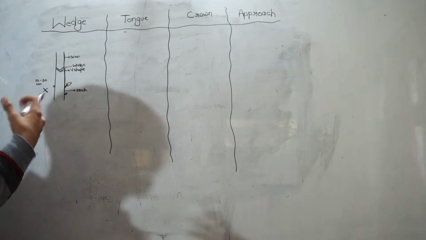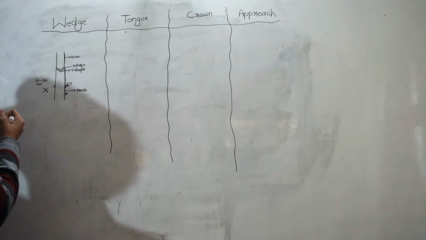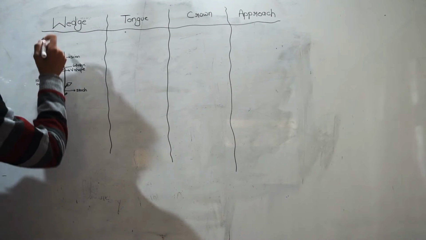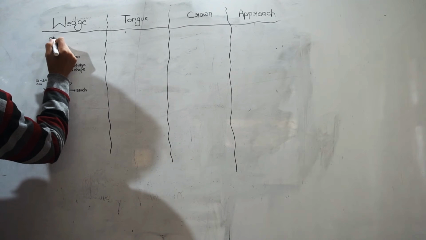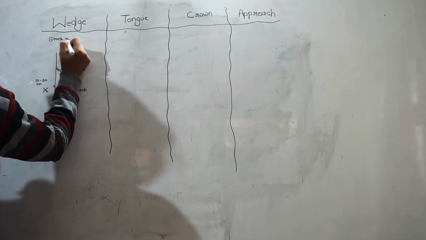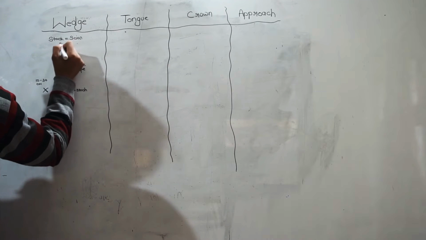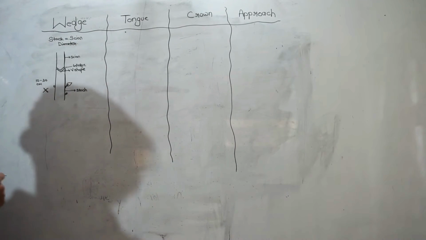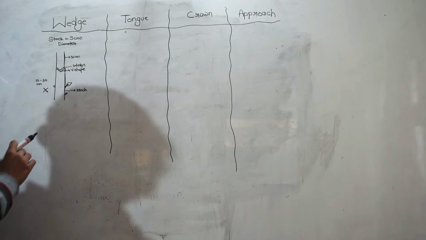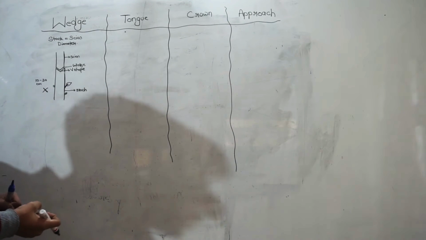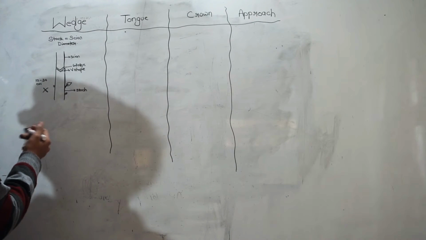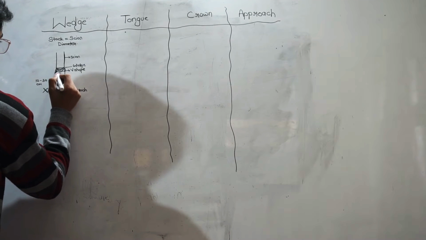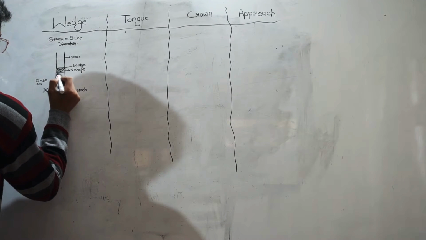In the wedge type of grafting, the diameter of stalk and scion need to be equal. And after placing, you bind both of these with the help of grafting tape like this.